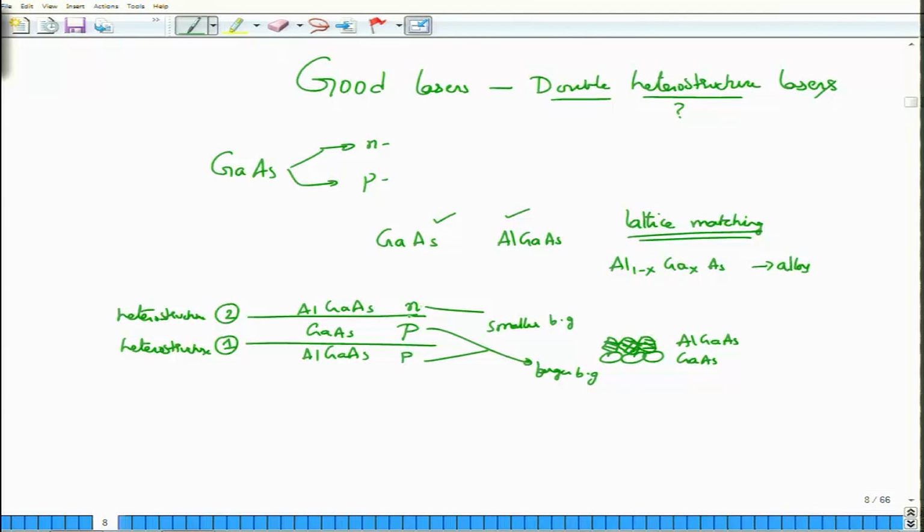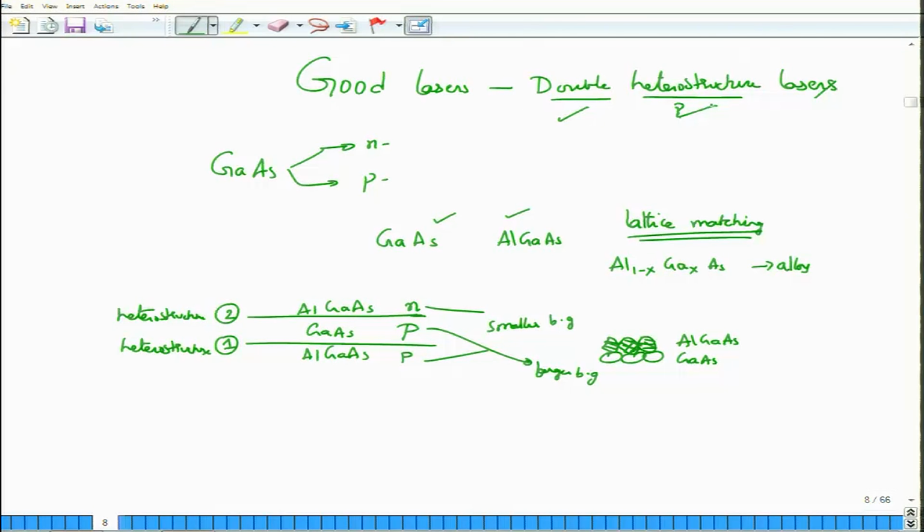So, because these are two different types of band gaps, although they are lattice matched, they are dissimilar materials, therefore their properties are also slightly different, and this capital P small p, capital P small n corresponds to two different heterostructure layers, and therefore together what you have is a double heterostructure laser. There are two layers and both of these layers are heterostructures. What is the advantage of this?